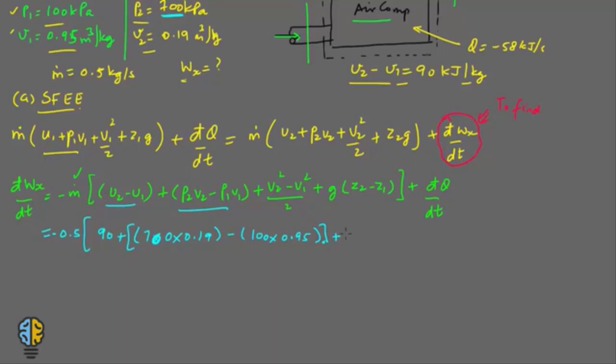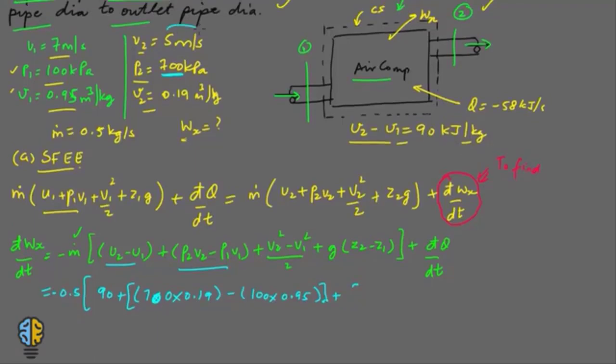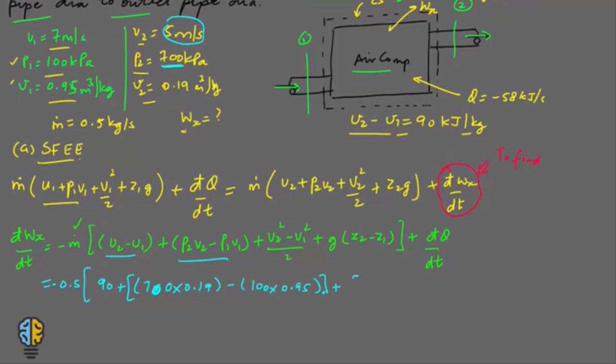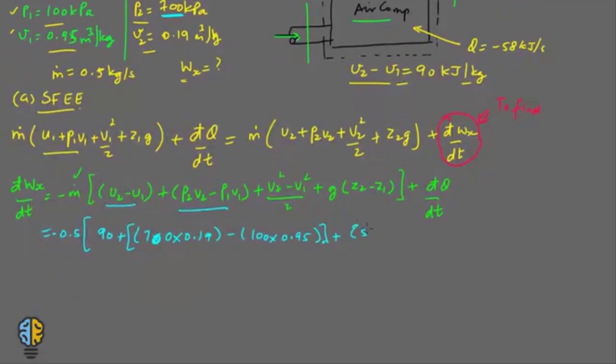The velocities are 7 and 5. Alright, so you'll write down the exit velocity. The exit velocity is 5 meters per second. So this would go as 5 square minus 7 square by 2.